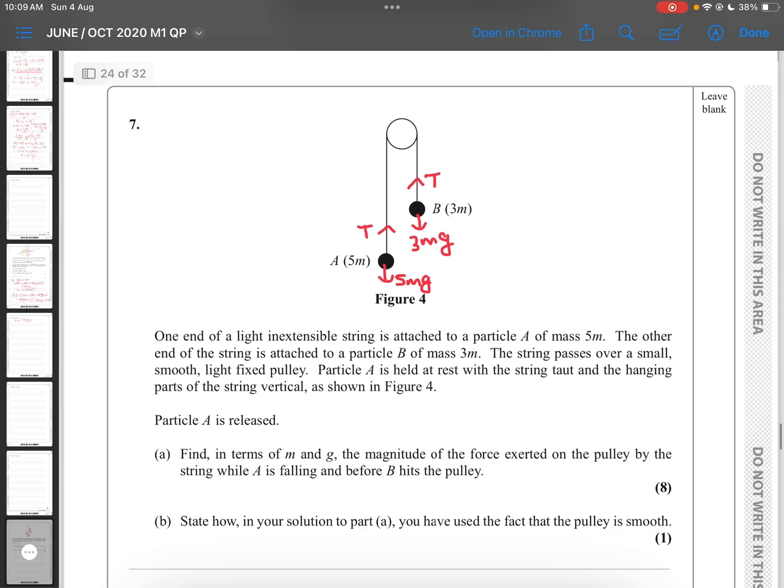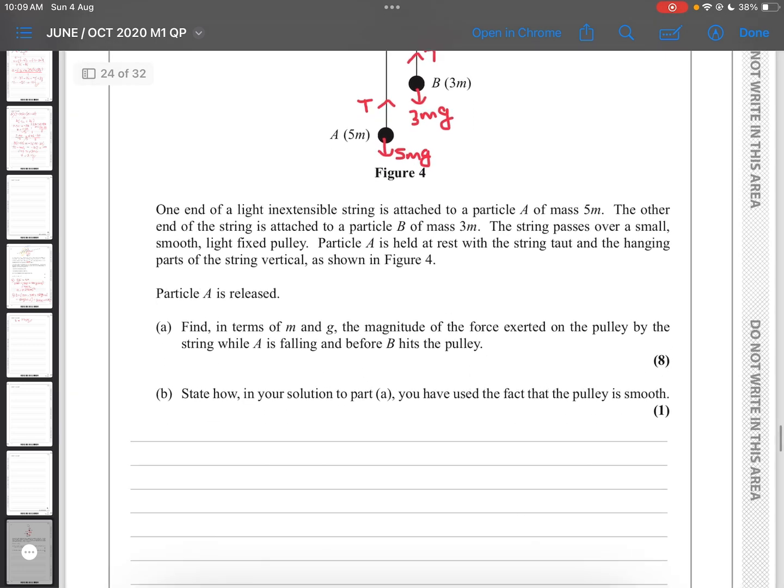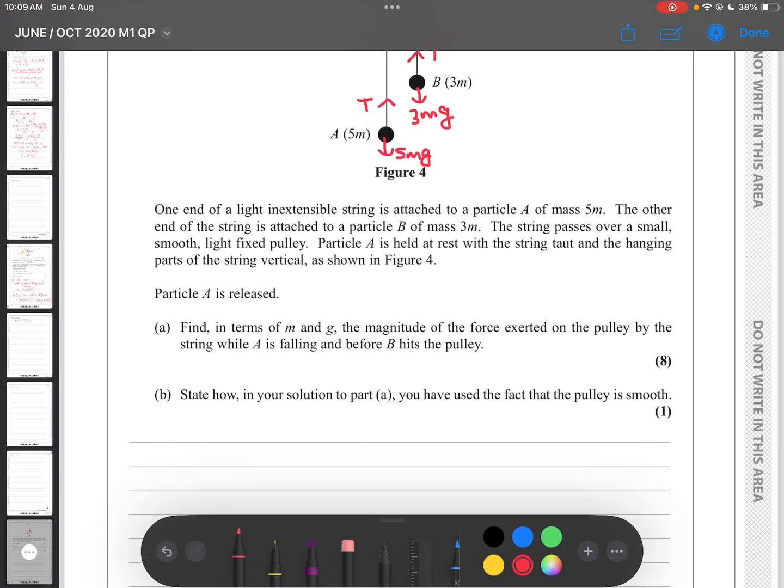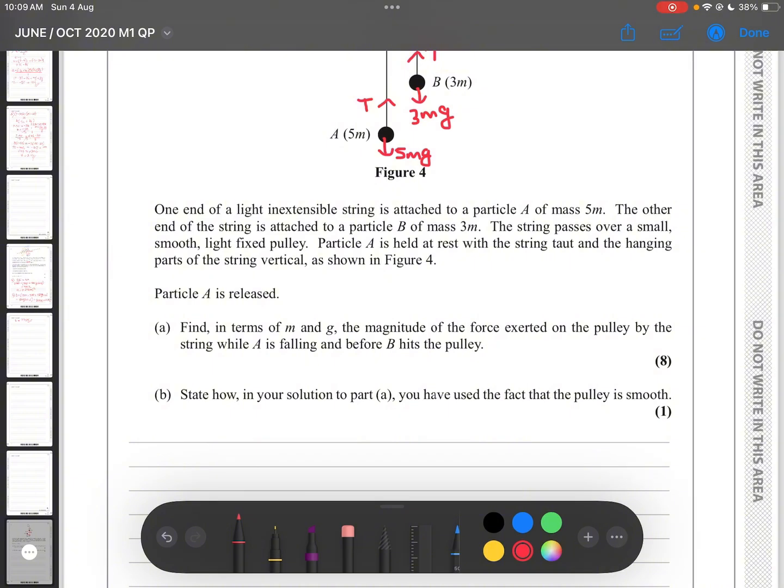So let's start with part A. We can make out some equations first. As 5mg is falling down, it proves to us that the weight is bigger than the tension for particle A. And so resultant force is equal to ma. So we can make out the equation 5mg minus the tension T is equal to 5ma.